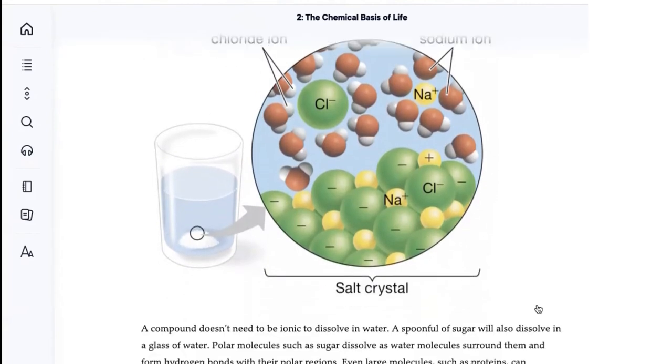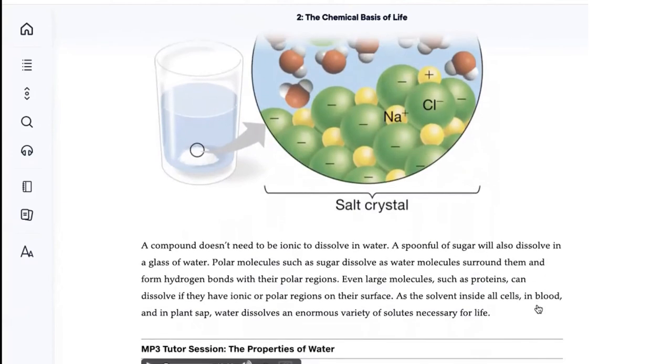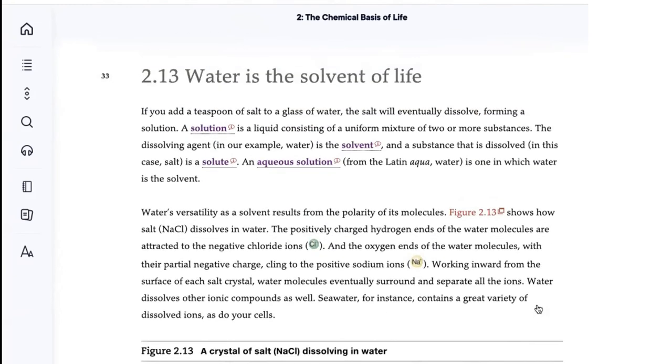We talked about this in the lecture, but it also talks about the general feature of water being a polar solvent and able to dissolve things that are polar and or charged, which is the very first step that you would need to have in order to appreciate today's lecture. All right, that's it for now.